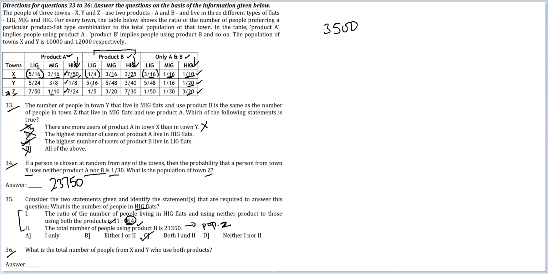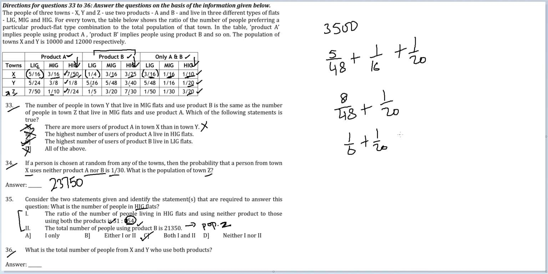For Y it will not be easy because there is a 20 here. Let's see. So I have 5 by 48 plus 1 by 16 plus 1 by 20. So I get 8 by 48 here because this will turn into 3 by 48, which is nice, plus 1 by 20. 8 by 48 is 1 by 6. So 1 by 6 plus 1 by 20, they will meet at 60.